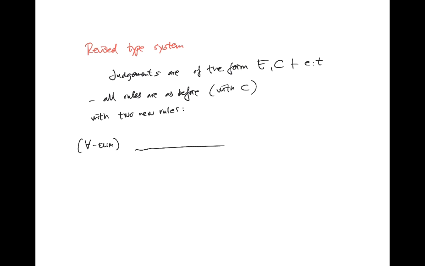It's the specialization rule. It says that if we know that E has the type scheme for all A in gamma, T, and we know, given our type class environment, that T1 is a type in all the type classes in gamma, then we can conclude that E has type T, where A can be instantiated to T1.